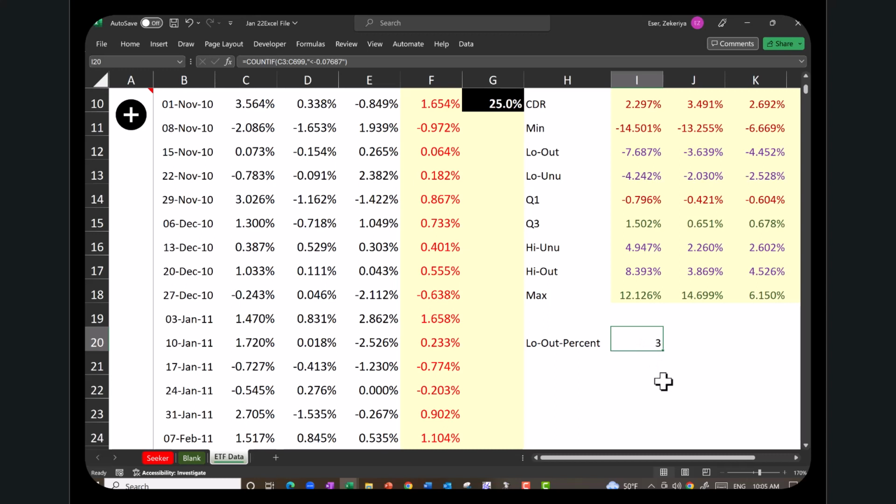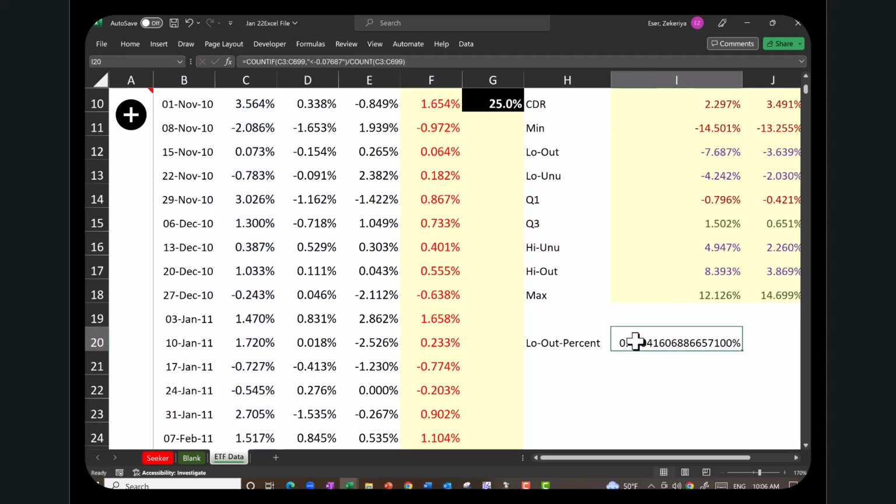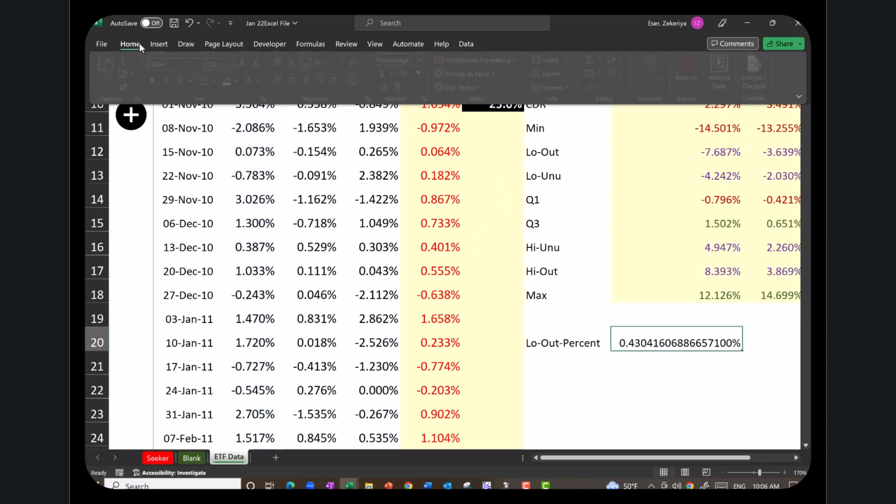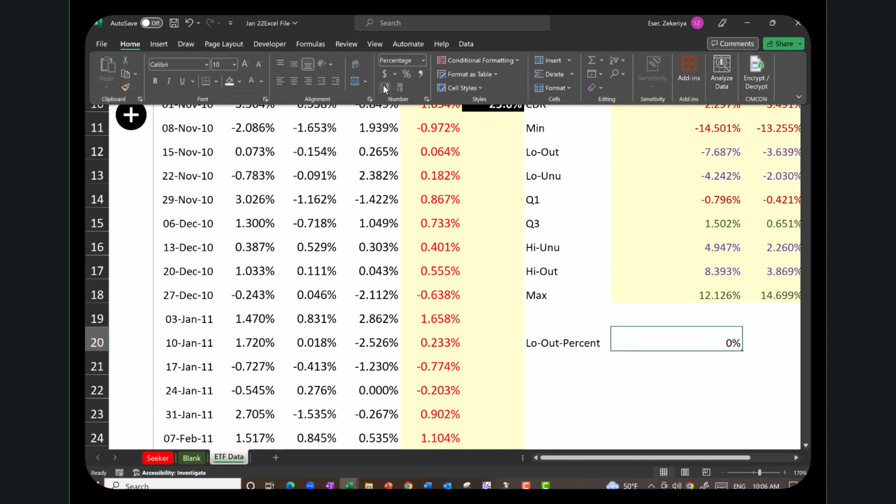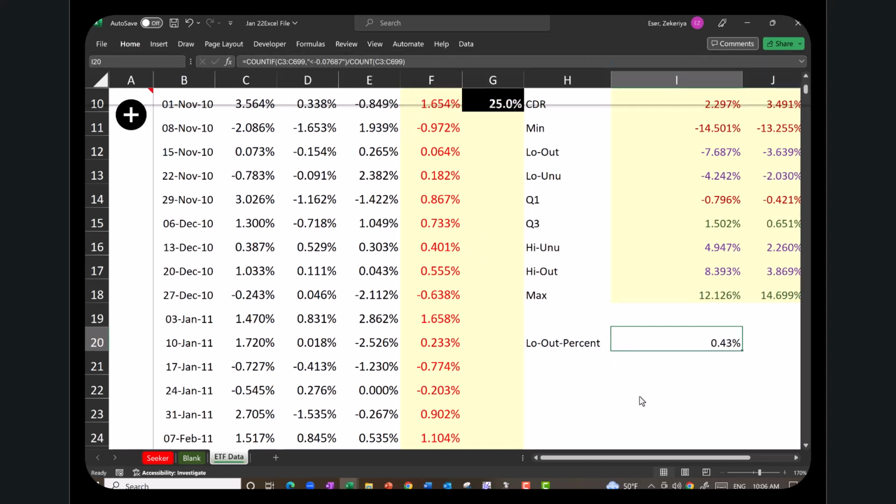They're saying it's not too much, but remember, we're talking about only 600 each. So if I compare that to the count of C3 to C699, that's about 0.5%.